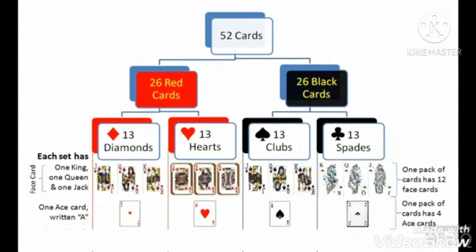So one pack of cards has 4 ace cards. So if the question is, one card is picked up from 52 cards, what is the probability that it would be an ace card? The answer would be 4 by 52 because there are 4 ace cards.